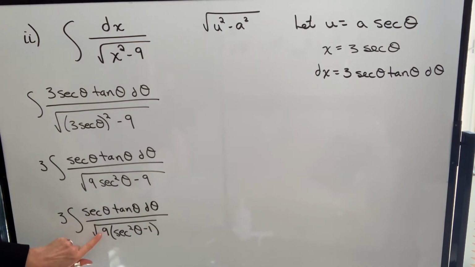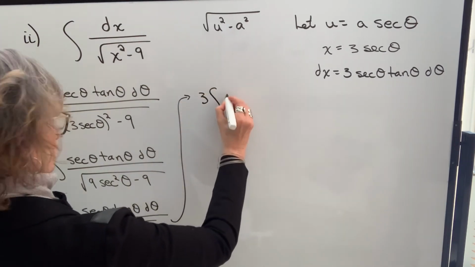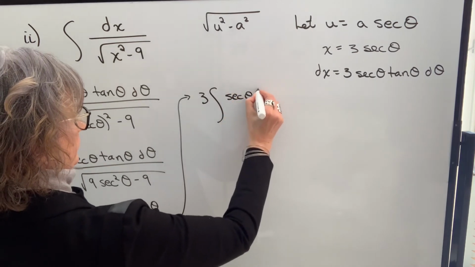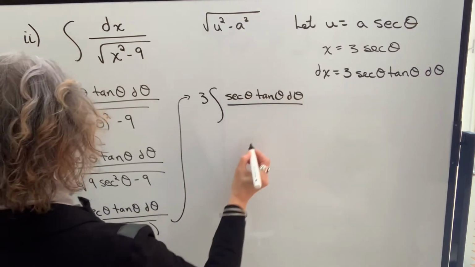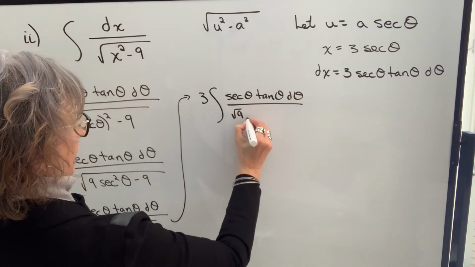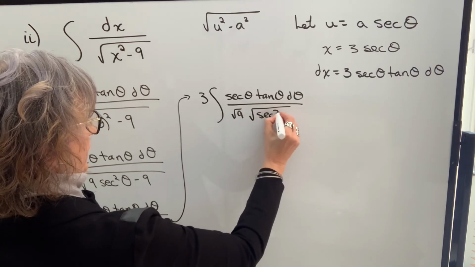Then I'm going to break up the square root of 9 and the square root of this expression. So square root of 9 and then square root of secant squared theta minus 1.